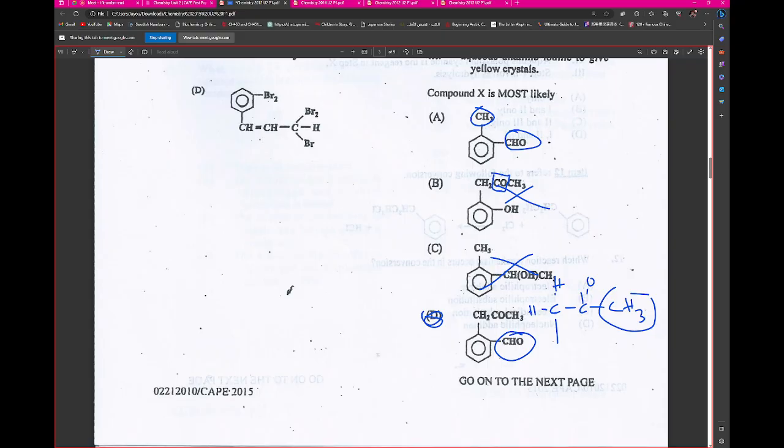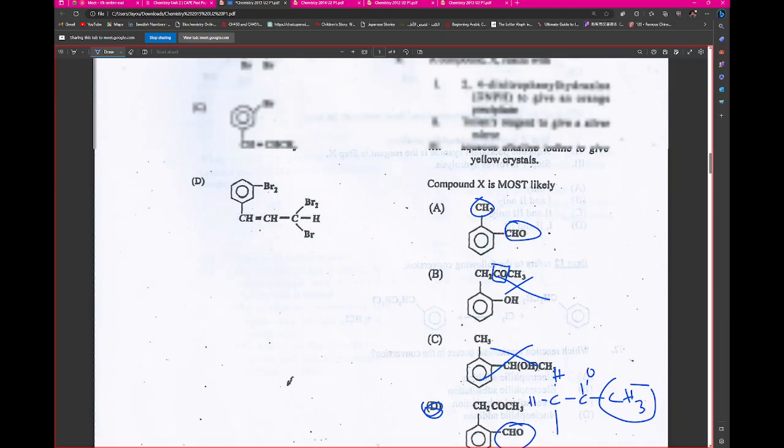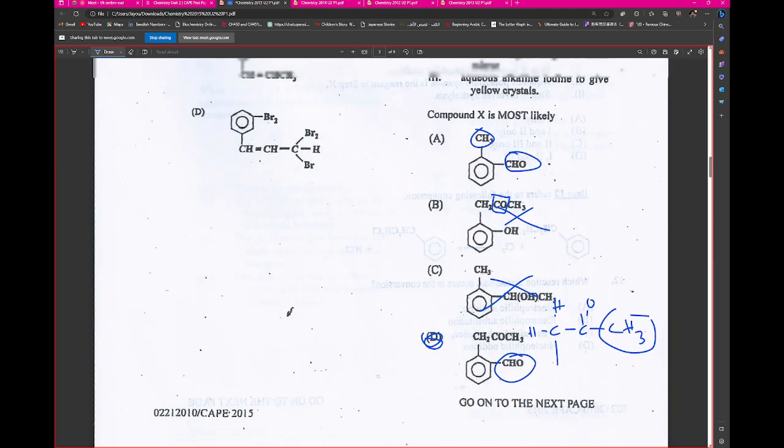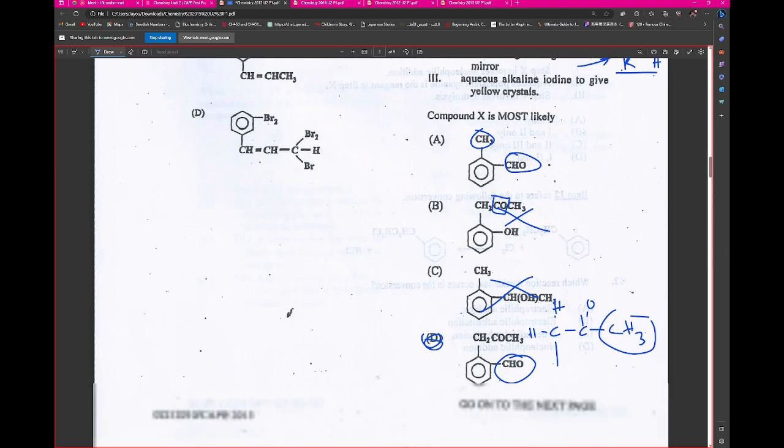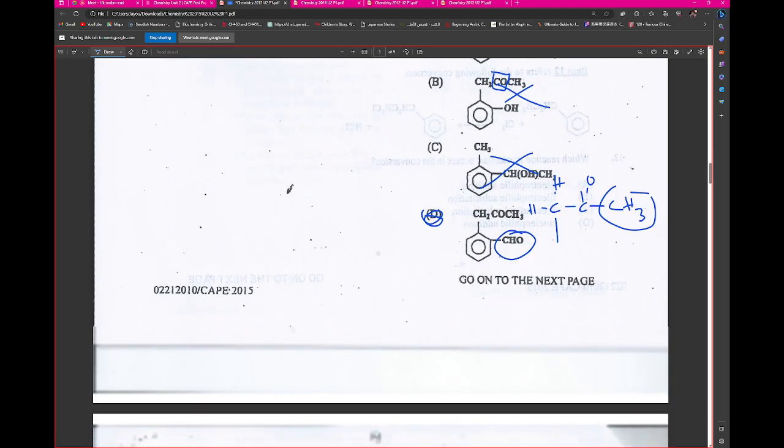So no, but a carbonyl group, yes. So that's fine. But you said the R group. It has to be attached to an R group in some way, shape, or form, because the carbon in the carbonyl group would have to be bonded somewhere else. So it makes sense. So D is the strongest answer here, I guess. So it has to be an acetaldehyde there.